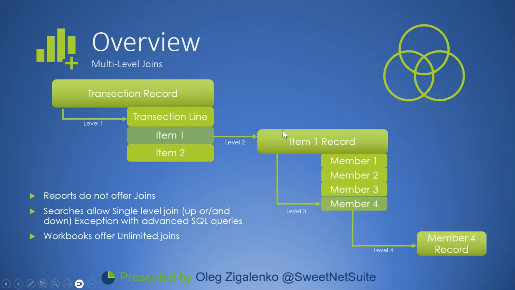So this lets you go through many levels of joins. I've been working with it for so many years, and I never came to the point where it got to the limit. I think I went as far as 10 different level joins, and it was handling it just fine.